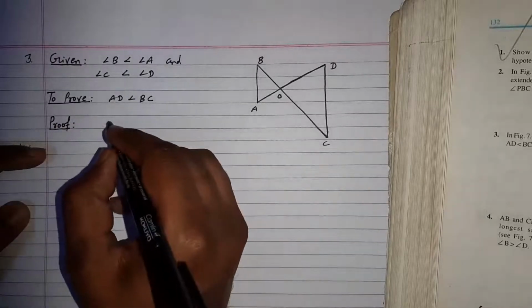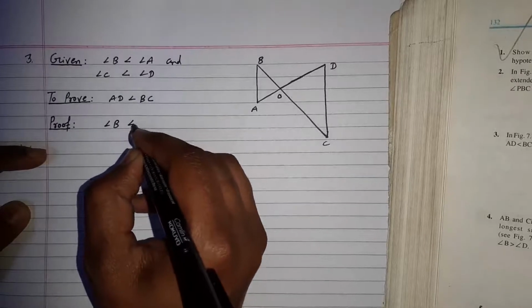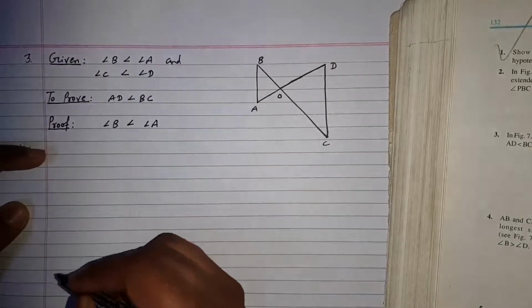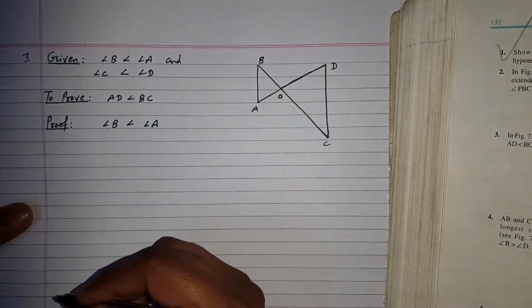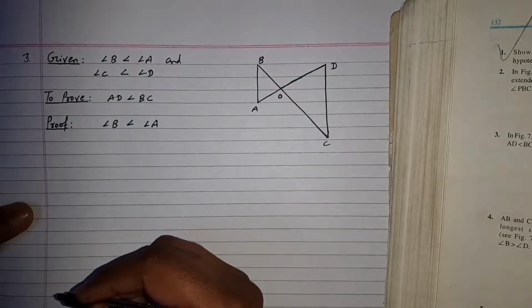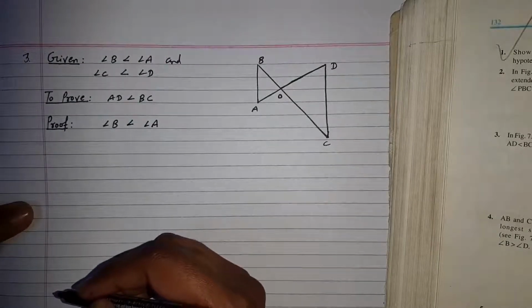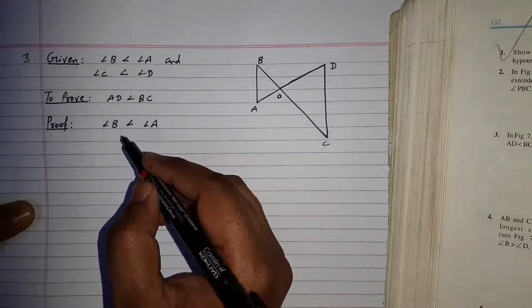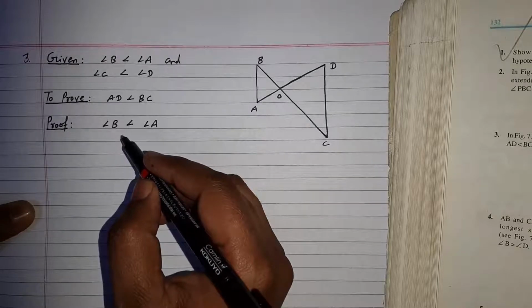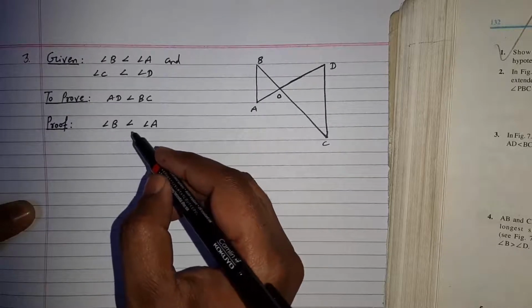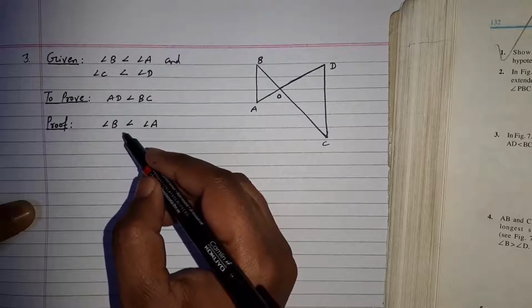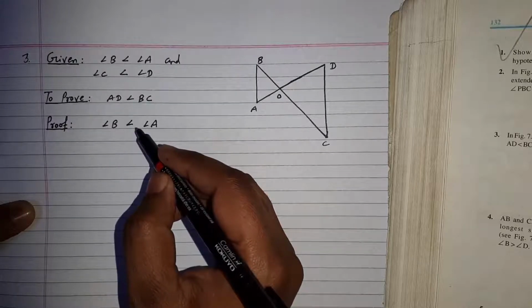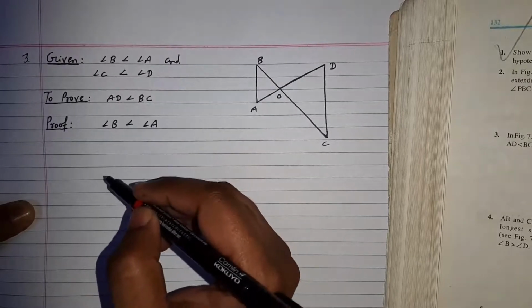Now the proof. Angle B is less than angle A, it is given. So by using the theorem, the side opposite to the smaller angle is smaller. Here is the less than sign, so we use smaller.